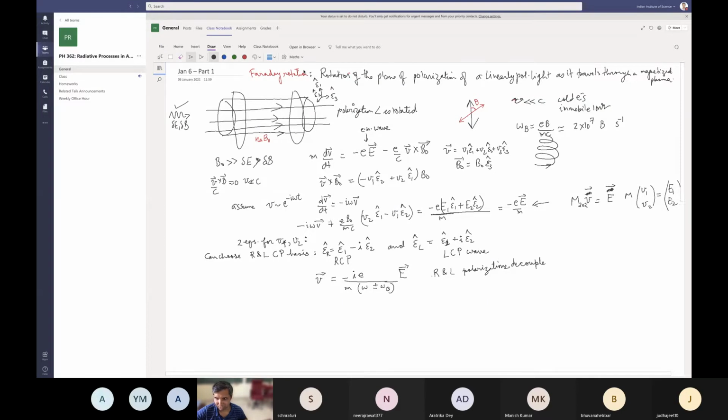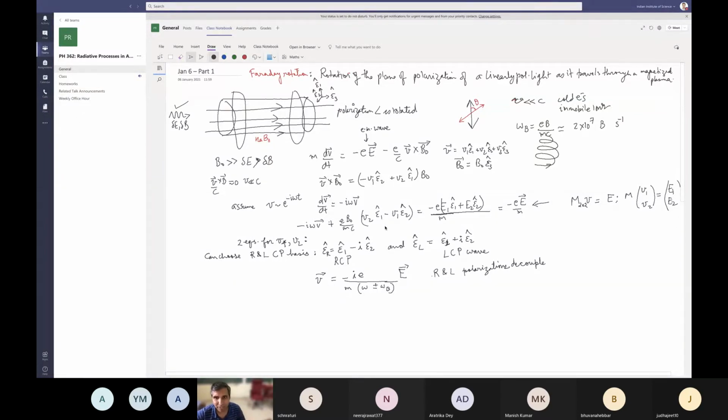When you have a matrix equation, what you normally do is diagonalize it, get the eigenvalues and eigenvectors. So this is the eigendecomposition of this matrix. If you write the electric field in this RCP and LCP basis, then your velocity also decouples into right and left polarizations.